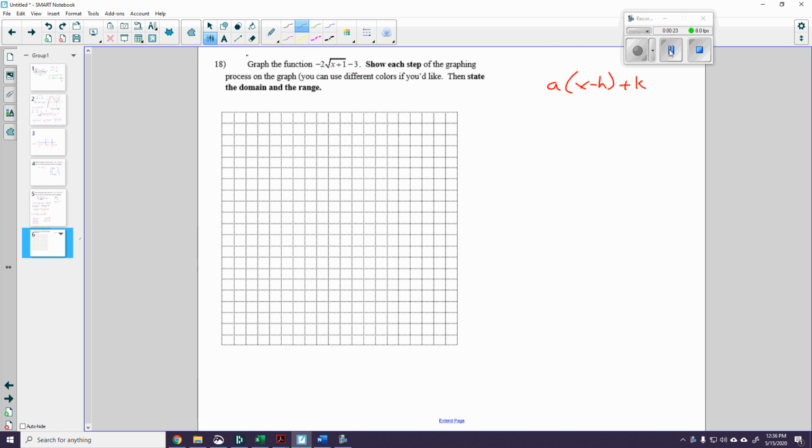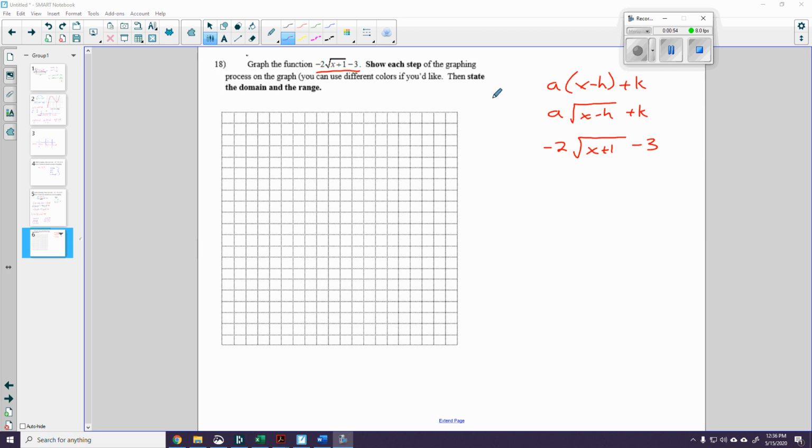And in this particular case, instead of parentheses, we really have a square root sign of x minus h plus k. And specifically, we have -2 square root of x plus 1 minus 3.